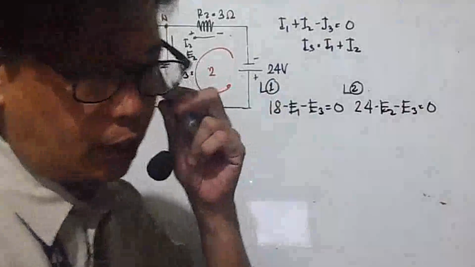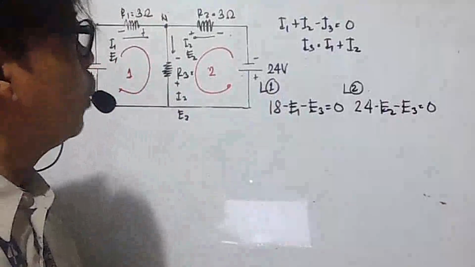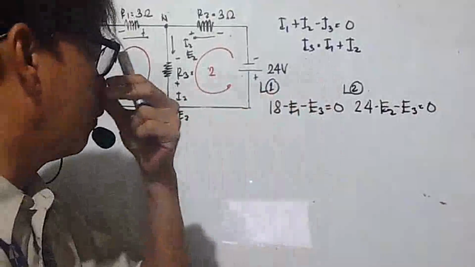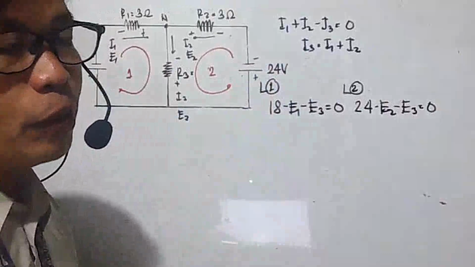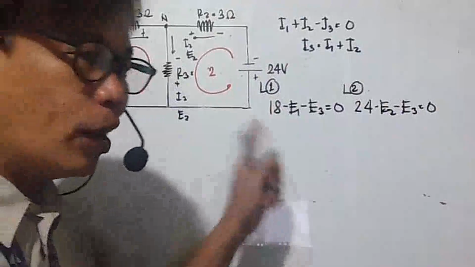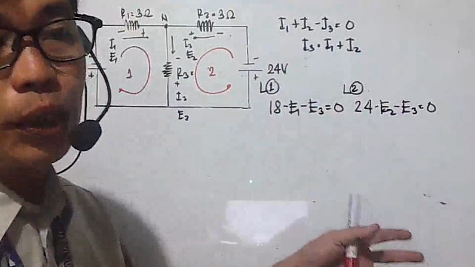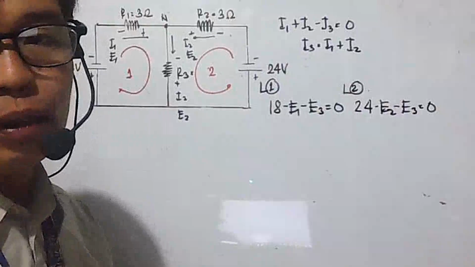This is called the node voltage analysis. Now we're going to solve for the voltages, but we're going to use the first equation, which is I3 is equal to I1 plus I2. So we have only one formula, but we have three unknowns, E1, E2, and E3. You cannot solve three unknowns in one equation.